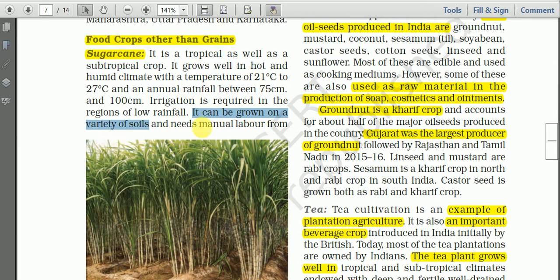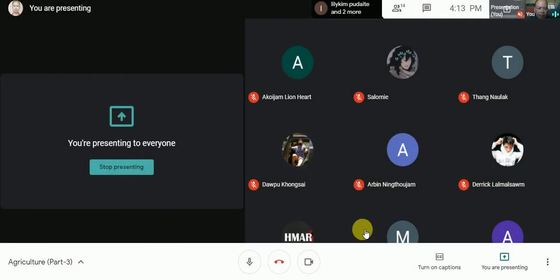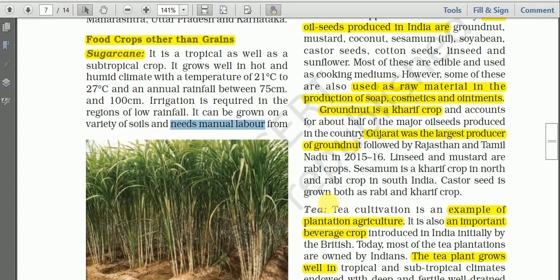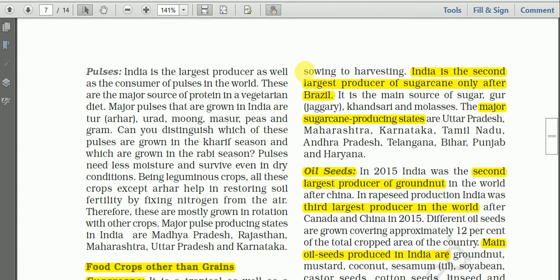And about labor, it needs manual labor from sowing to harvesting. From the growing of the sugarcane saplings up to the harvesting, we need manual labor.